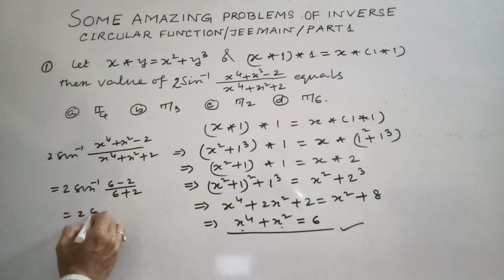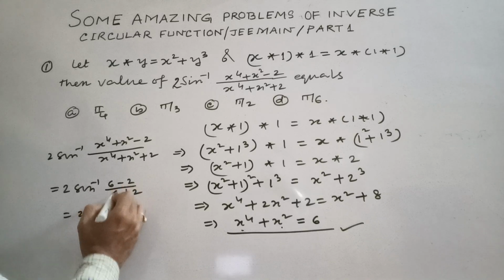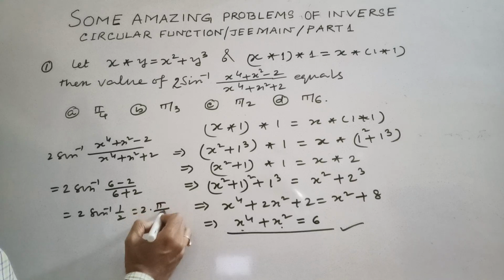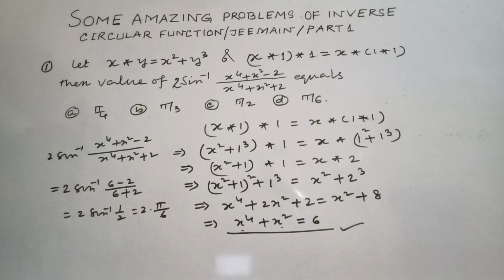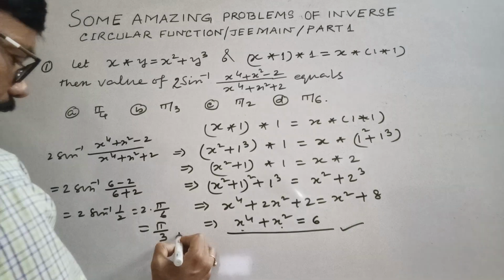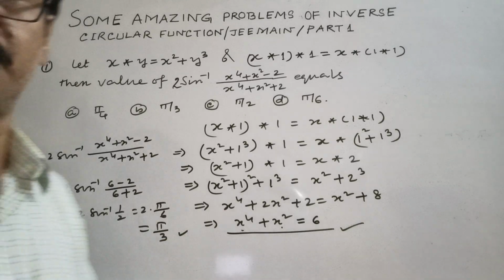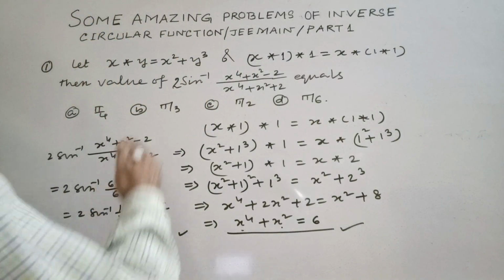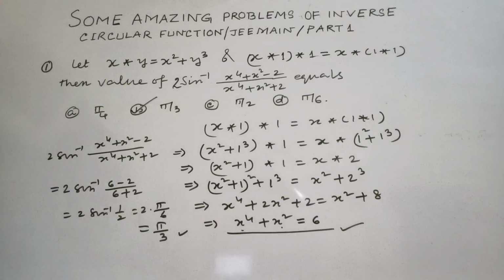So 2 sin inverse, this is 4 by 8, that is half. So 2 into pi by 6, sin inverse half, this is pi by 6. So we are getting the final result as pi by 3. So what is our final result? This is pi by 3.